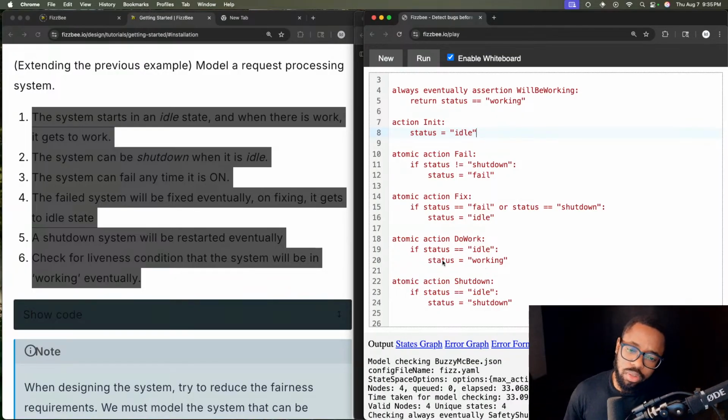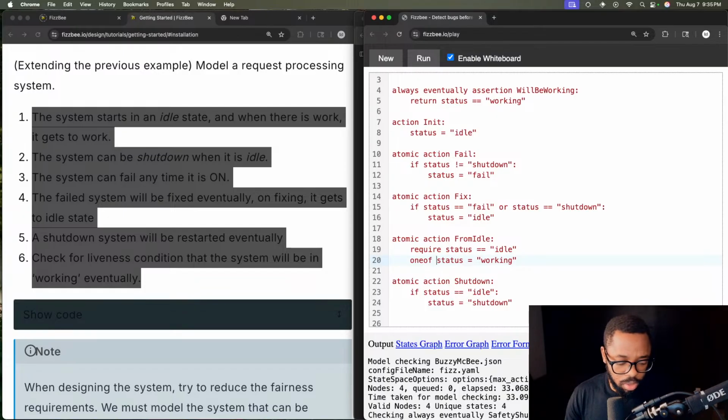Actually, let me try that just for shits and giggles. I'm just gonna call it from idle, and I think it's require status idle, and then you can do one-off.